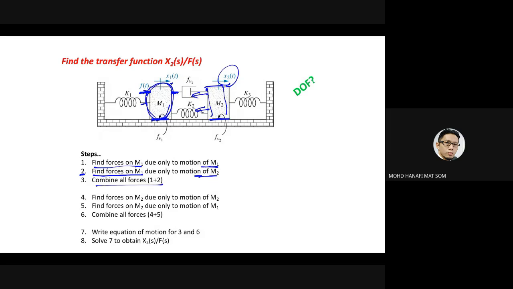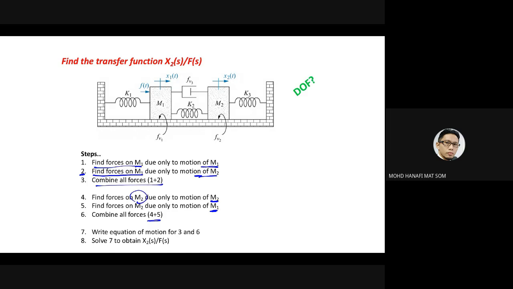Next, we consider only mass 2. Again, we consider mass 2 only with motion of M1. Next step is forces on M2 due only to motion of M1, and then we combine our forces in steps 4 and 5.